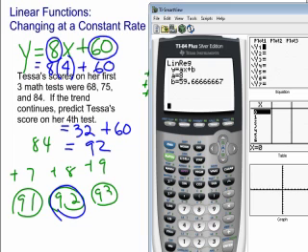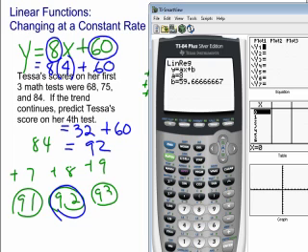In the case of linear regression, and regression is just a word we use for finding the best fit model, you've got these two parameters, A and B. We would usually call our slope M, but the calculator calls it A. You can see that because it's A times X, and that's where the slope would go. It's the number times X plus B. In this particular situation, Y would be 8X plus 60.